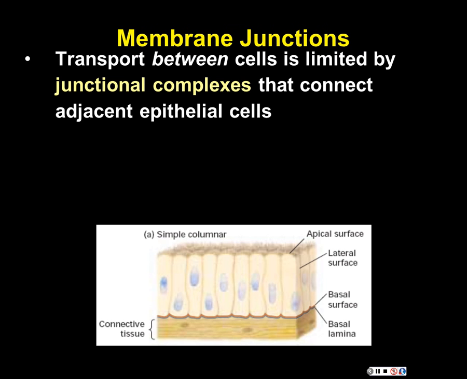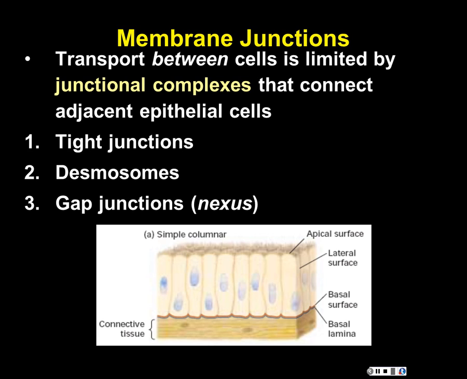Multiple cells together, and they're called cell junctions. Membrane junctions are going to help regulate not only the adhering of cells together, but the joining of different cells together, and then the transport of molecules between cell types. If we look at the primary types of junctions that we have, they include tight junctions, desmosomes, and gap junctions.